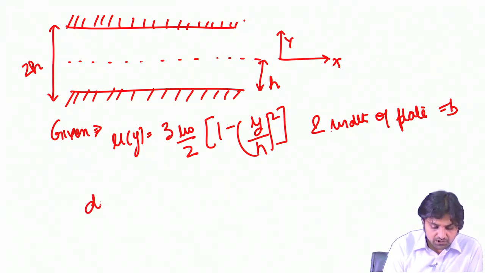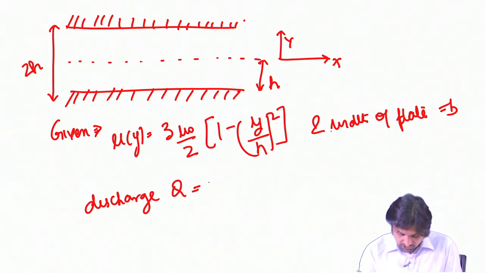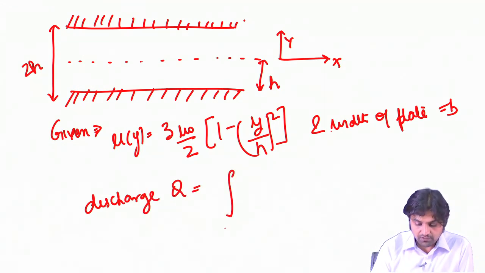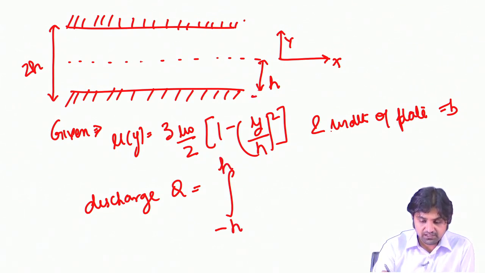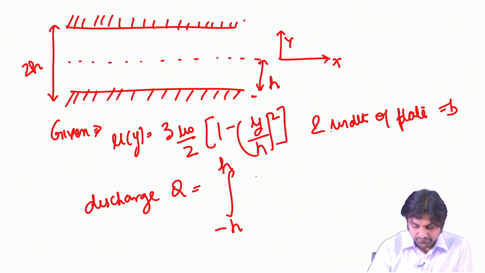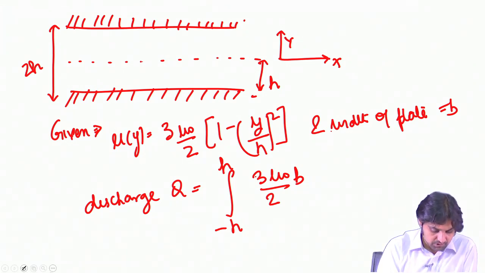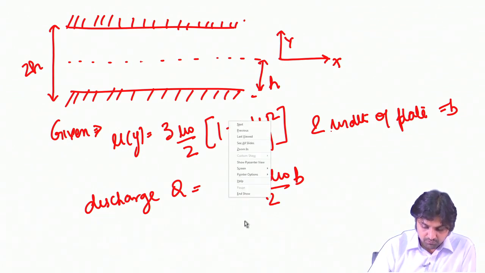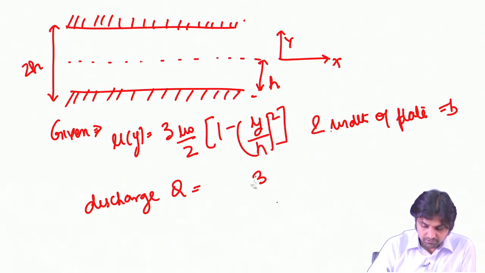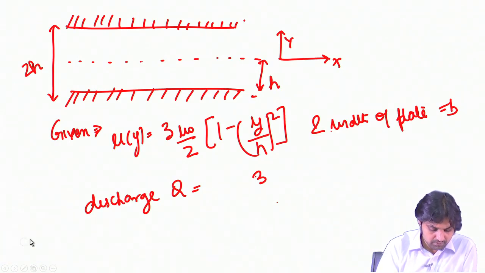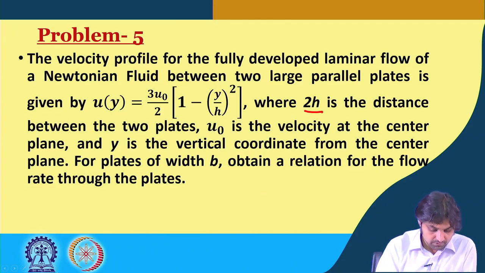So the discharge Q is going to be, basically, an integral from minus h to h, because this is 0, then this is minus h and this is plus h. Let me first write down this formula, then we will put in the values.